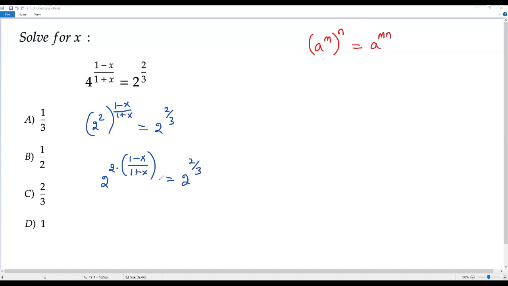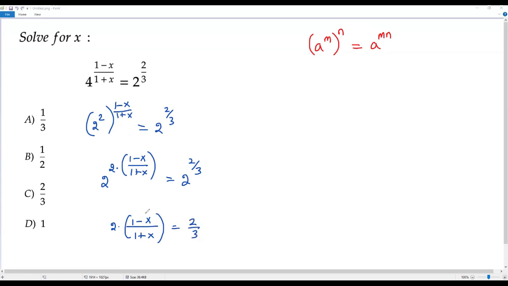As I said already, I got the same base on both sides. The base on the left side is 2, the base on the right side is also 2. Whenever two terms are equal with the same base, we can equate the exponents. When I equate the exponents, I'm getting 2 times (1 - x)/(1 + x) equals 2/3.